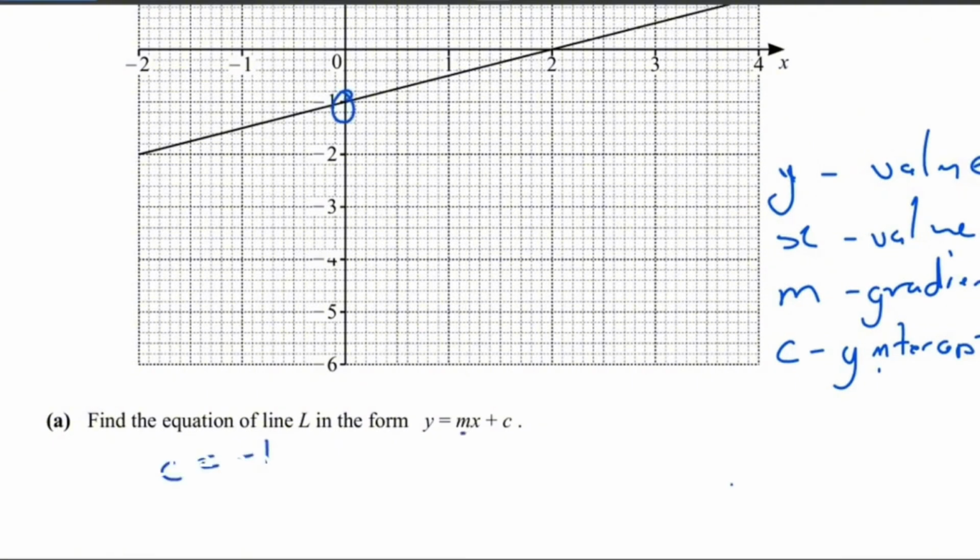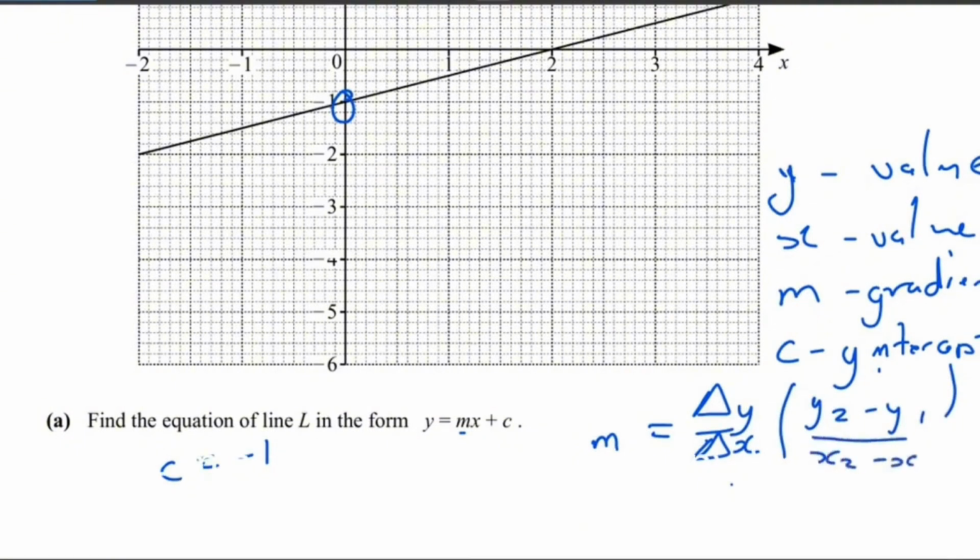Then next we need to find m, the gradient. To find m, the gradient, we say change in y over change in x. I've put the Greek capital letter delta, but you can simply write y2 minus y1, or y final minus y initial, over x2 minus x1. So we can take any 2 points on the graph.